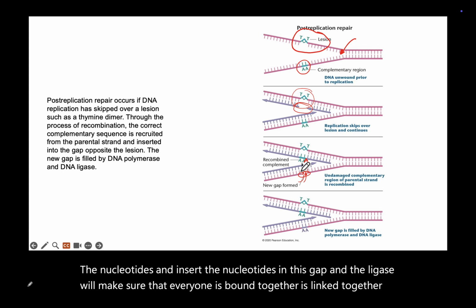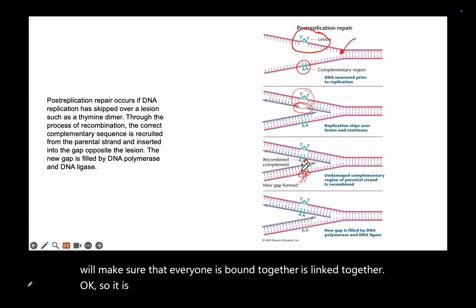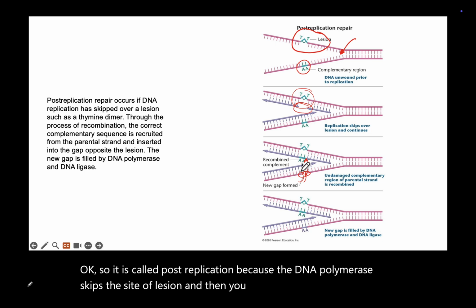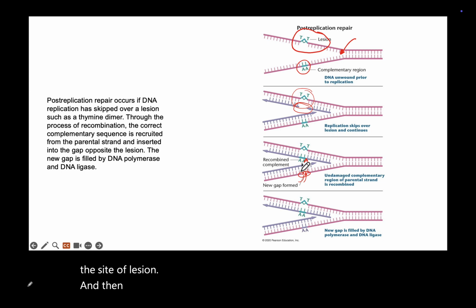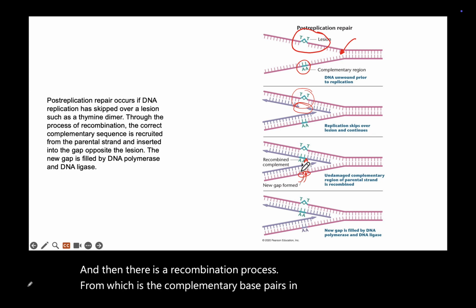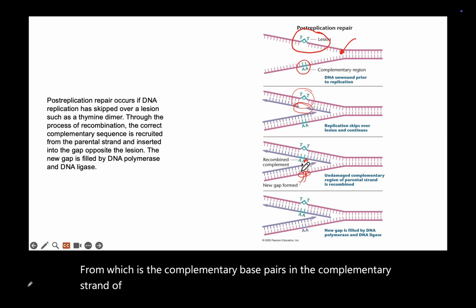Okay? So it is called post-replication because the DNA polymerase skips the site of lesion, and then you have other enzymes that detect the site of lesion, and then there is a recombination process from which the complementary base pairs in the complementary strand of DNA are donated to that newly formed DNA strand.